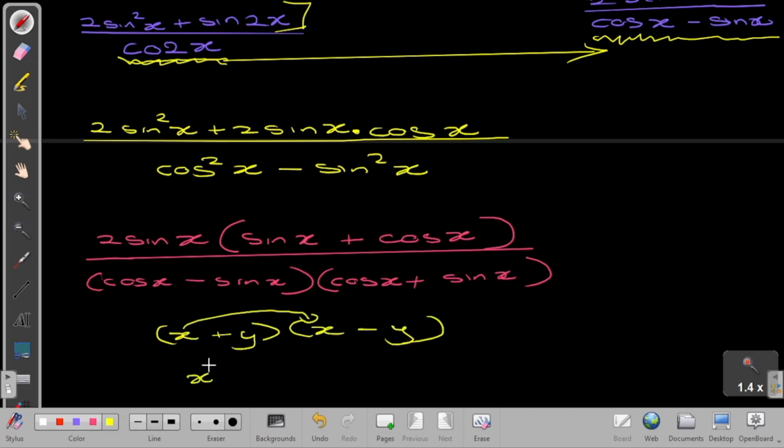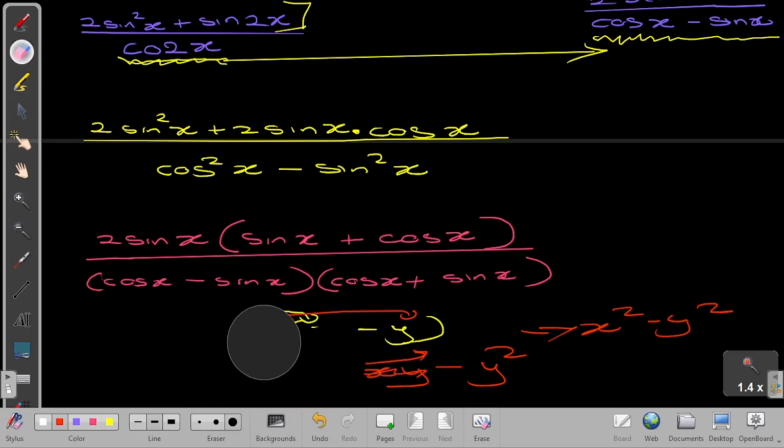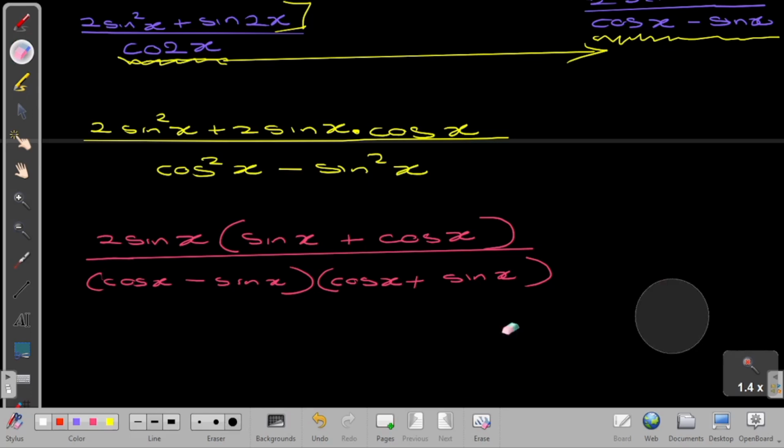This gives us x squared, then minus xy, then plus xy, and then minus y squared. So the middle part cancels, and your answer is x squared minus y squared. Voila, exactly what I just meant. Nothing serious, I was just trying to show you how it's done.